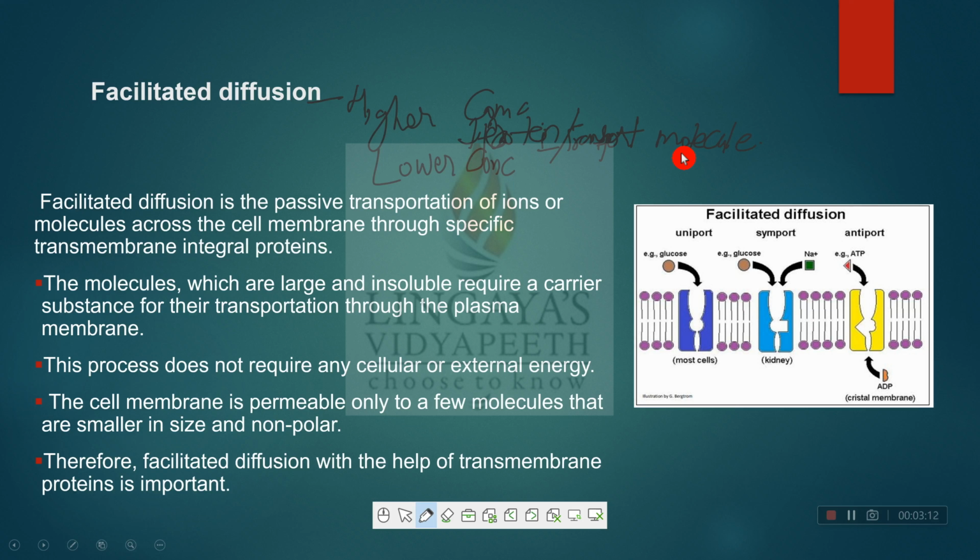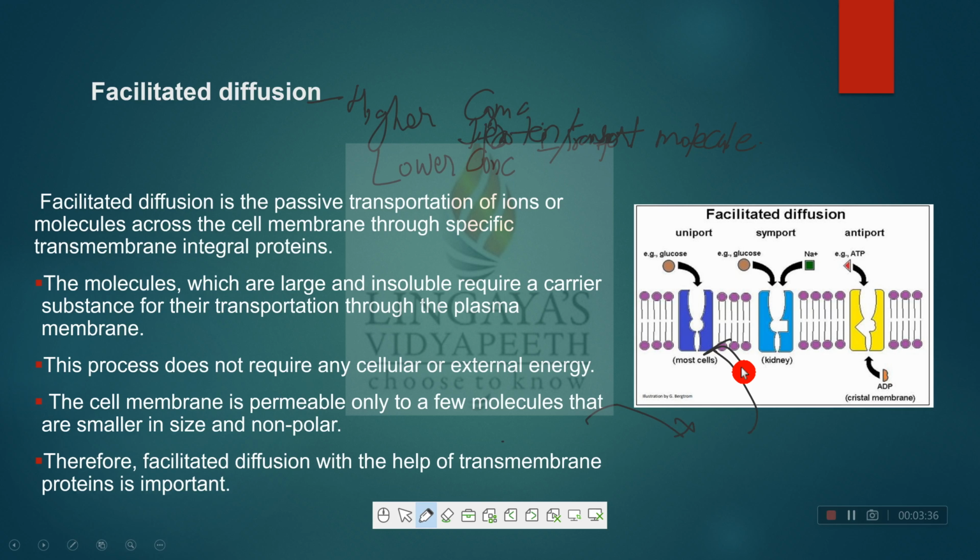Alright. Examples of biological processes that entail facilitated diffusion are glucose and amino acid transport, gas transport and ion transport. So all these types of transport occur with the help of facilitated diffusion. It is important because it regulates what goes in and what goes out of the cell.